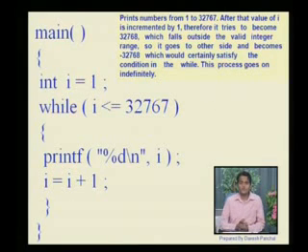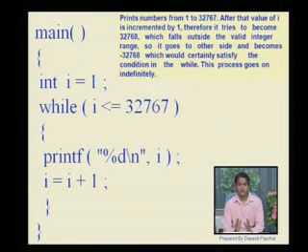Now this is another example of an infinite loop. Here you can see in this example, while I is less than or equal to 32767, we want to execute the body of this loop. In the body we are printing the value of I, and we are incrementing the value of I by 1 using the statement I equal to I plus 1.